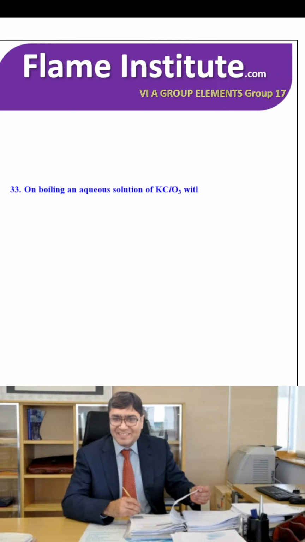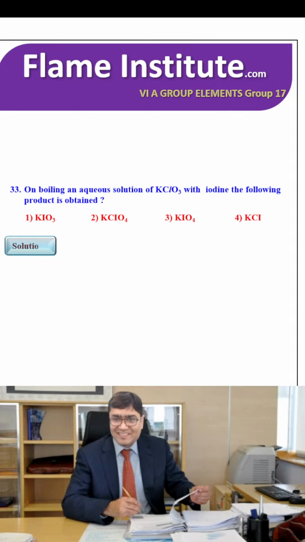On boiling an aqueous solution of KClO3 with iodine, the following product is obtained: KIO3, KClO4, KIO4, or KCl. The right option is 2KClO3 plus I2 giving 2KIO3 plus Cl2. So KIO3 is the right option.